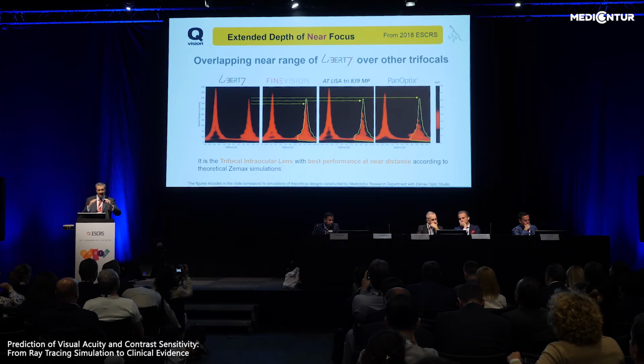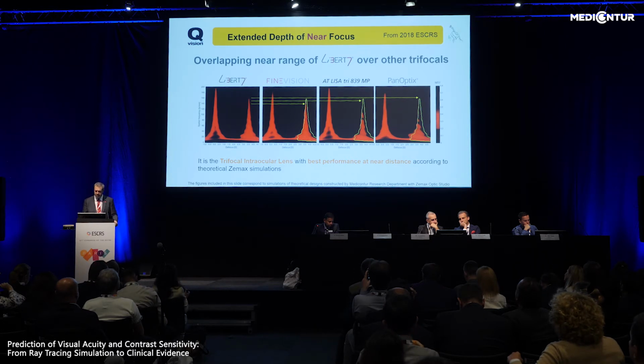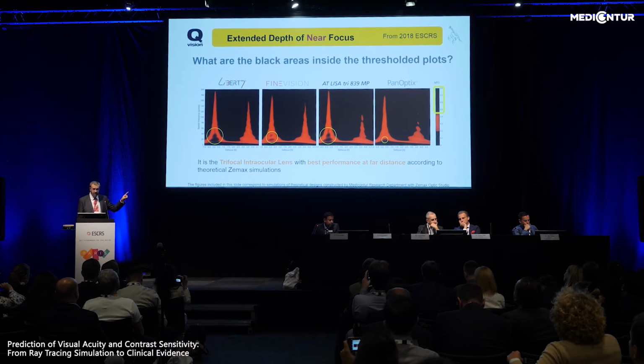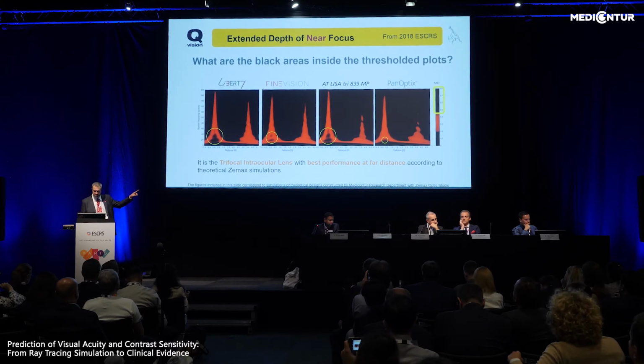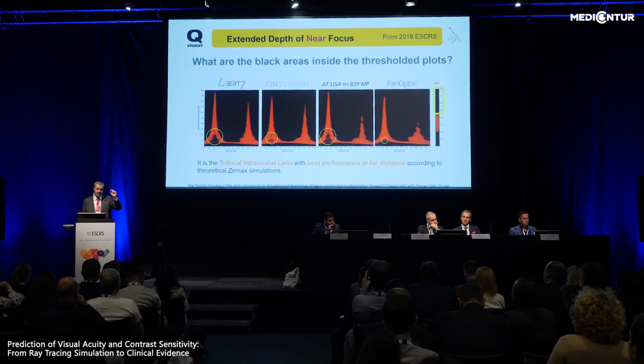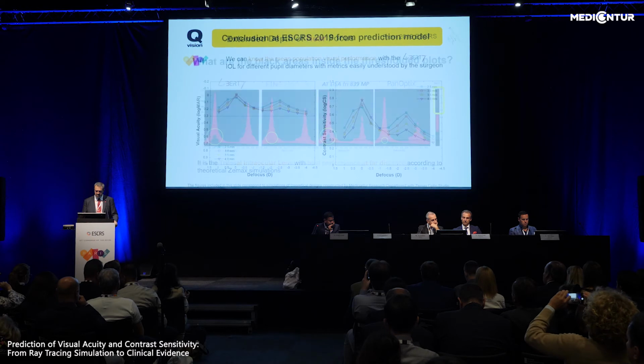So we have enough of an idea of the near focus. And as you can see in the far focus, this space in black is the largest quantity of MTF, so it's also bigger than in the other trifocal lenses. It's having an incredible vision for far, and the peak is higher and wider than in the other trifocal lenses.